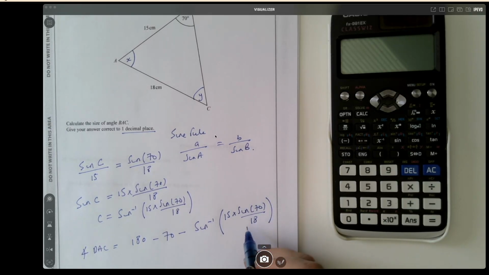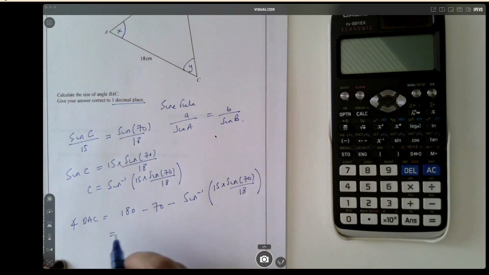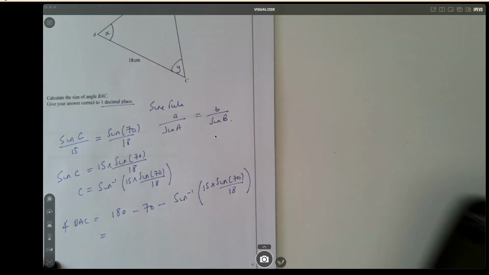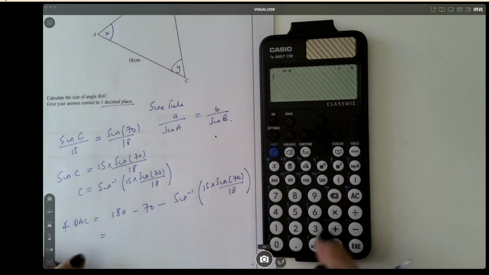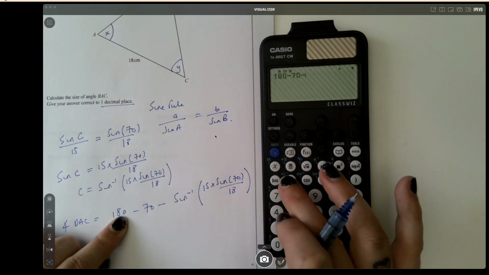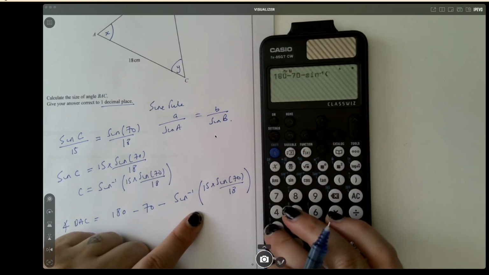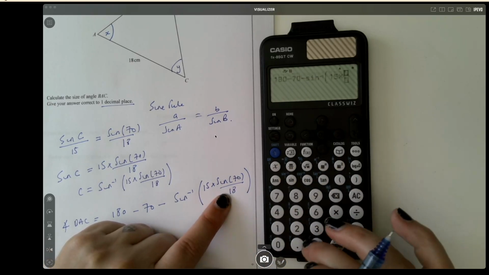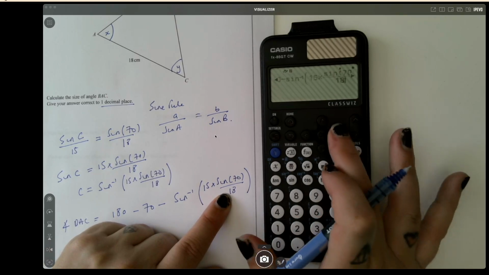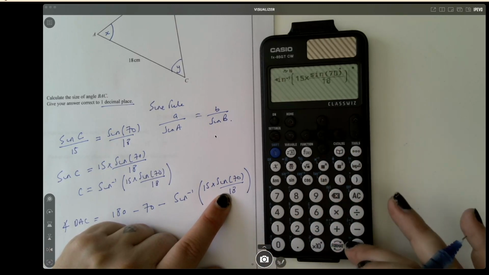It just saves me some time doing it this way, because if I'm confident with my calculator skills, I can type it all in. So we have 180, subtract 70, subtract sin to the minus 1 of 15 times sin 70 over 18, and then let's close that bracket.